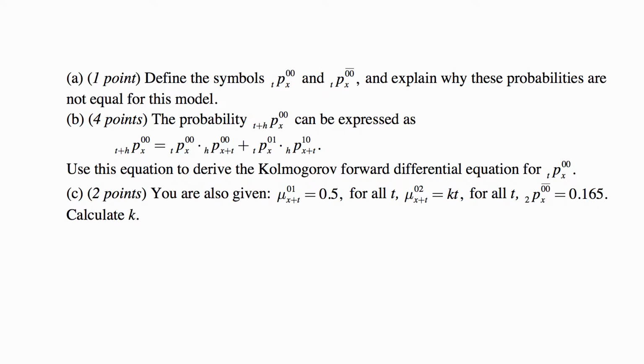You are also given that the force of transition from 0 to 1 at x plus t, the instantaneous force of transition, is 0.5 for all t, so it's constant force. And mu x plus t 02, the transition from state 0 to state 2, is k t for all t, so it increases, assuming k is positive, but of course it is, because it's a force here.